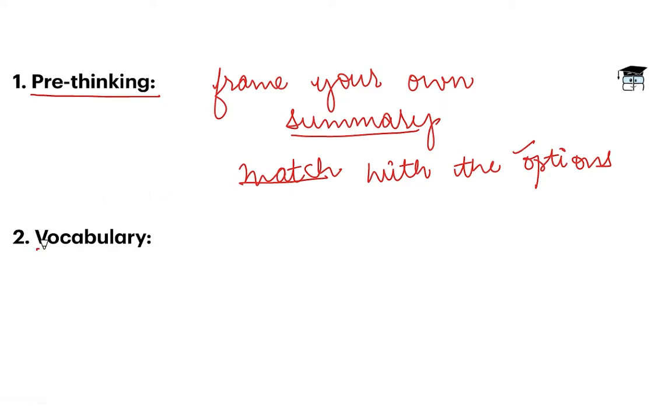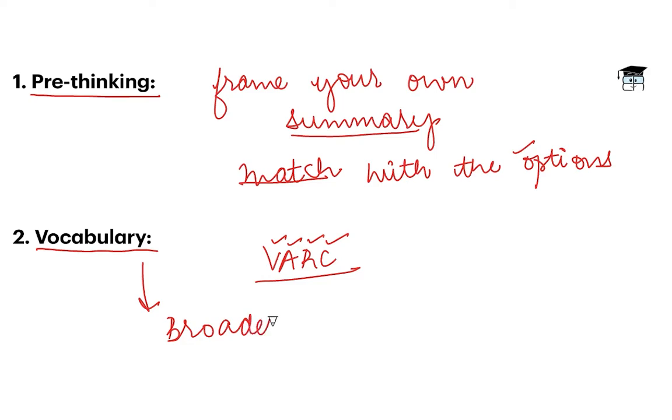The second trick deals with vocabulary. Vocabulary is the common aspect in all these questions in the VARC section, that stands for Verbal Ability Reading Comprehension. Now, the broader your vocabulary, the more accurate would be your answer.